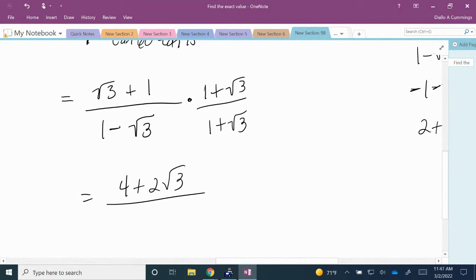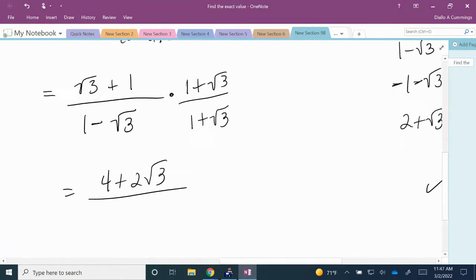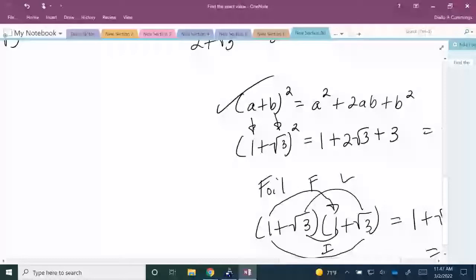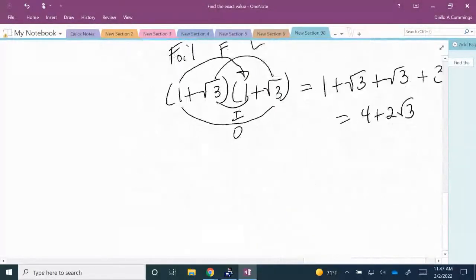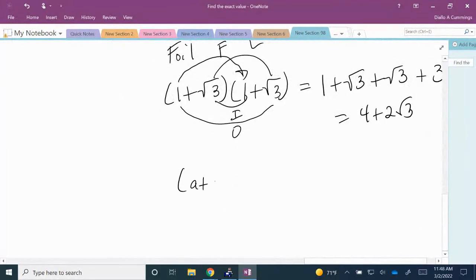In the denominator, we have a sum and difference of binomials, and there's a formula for that as well. I believe that would be (a plus b) times (a minus b), which is equal to a squared minus b squared.